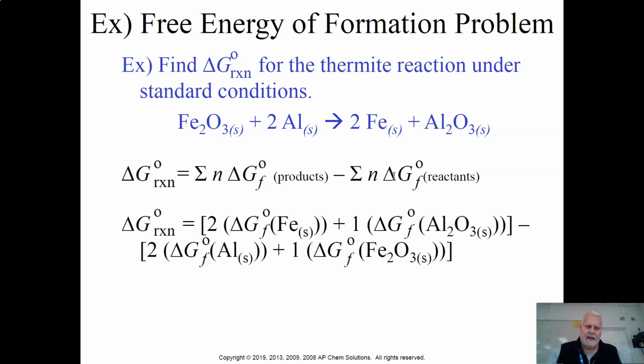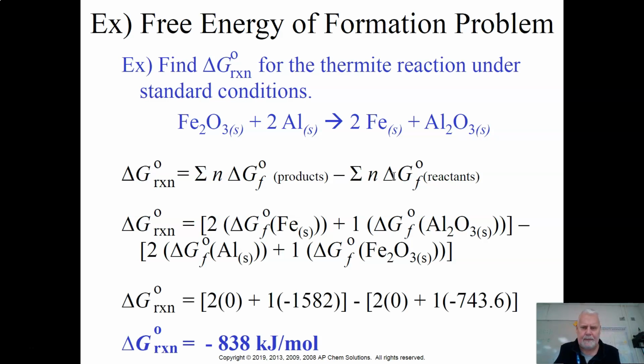Okay, so coming back here, I told you to skip that step and always jump right to just plugging the numbers in. Obviously, yours is going to be the same here. So for solids in their normal state, they're going to have a value of 0. I honestly don't know how much your numbers varied, but it should be right in that wheelhouse of a negative 1582, which of course is the value for the aluminum oxide.